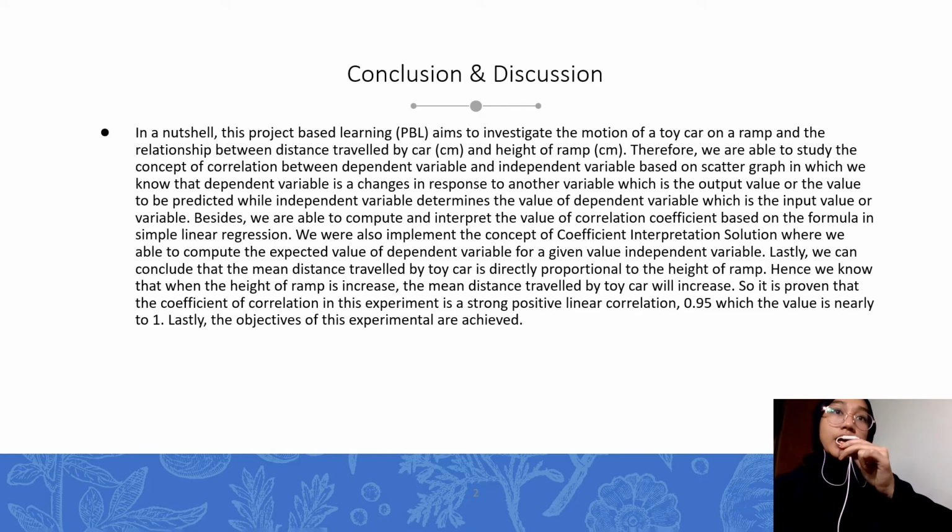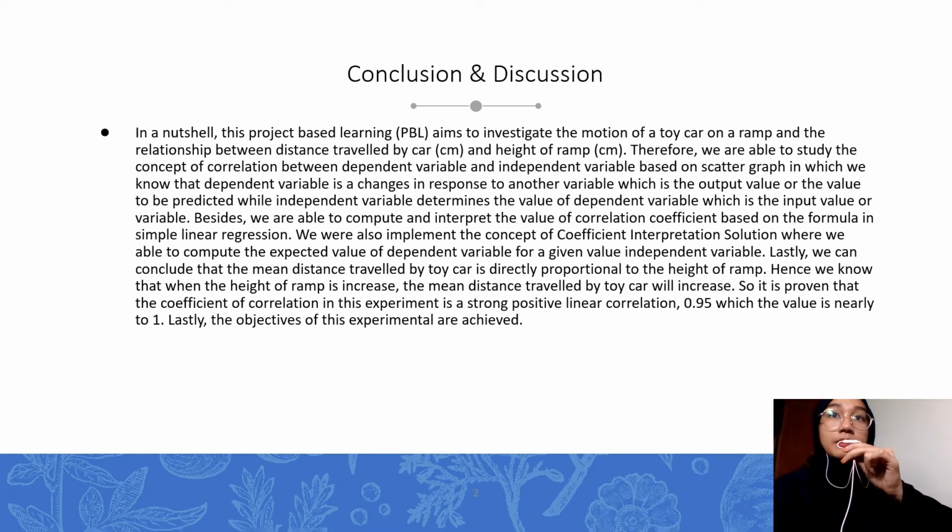Therefore, we are able to study the concept of correlation between dependent variable and independent variable based on the scatter graph, in which we know that the dependent variable changes in response to another variable, which is the output value or the value to be predicted, while the independent variable determines the value of the dependent variable, which is the input value or variable. Besides, we are able to compute and interpret the value of correlation coefficient based on the formula in the simple linear regression.